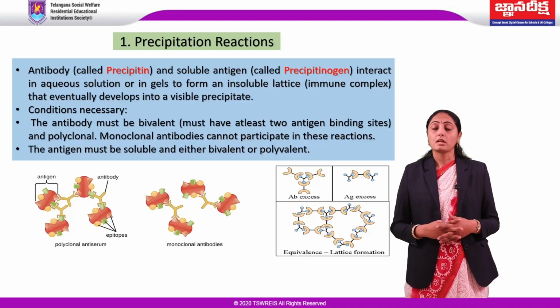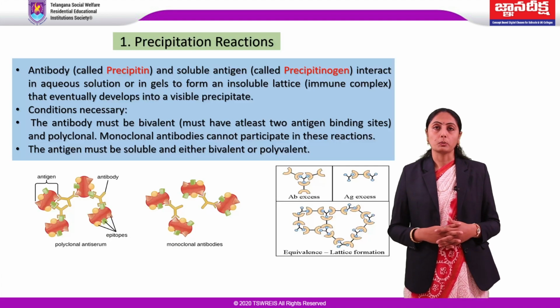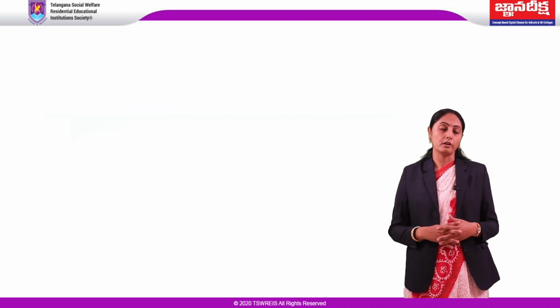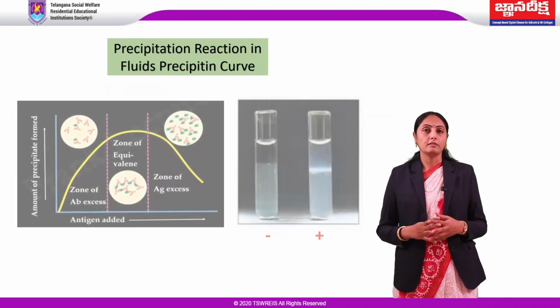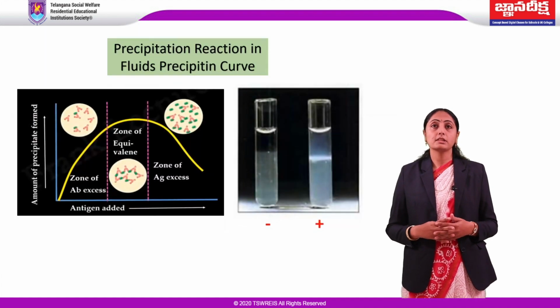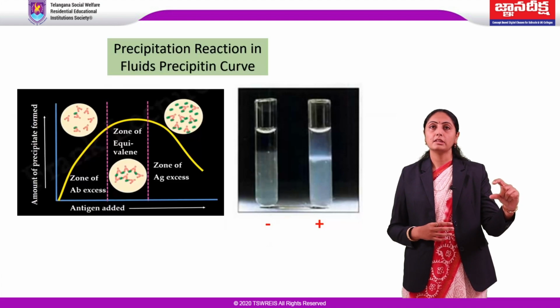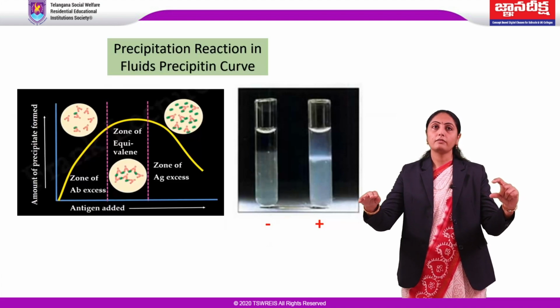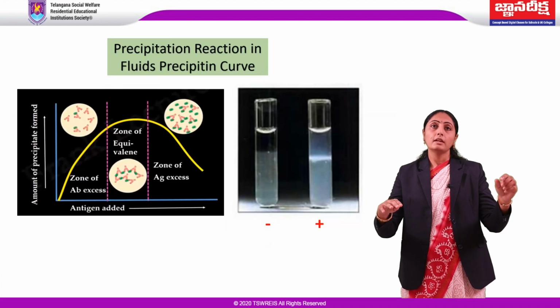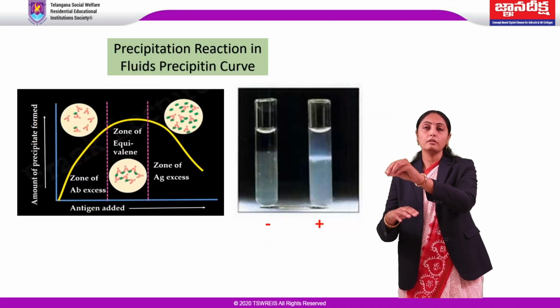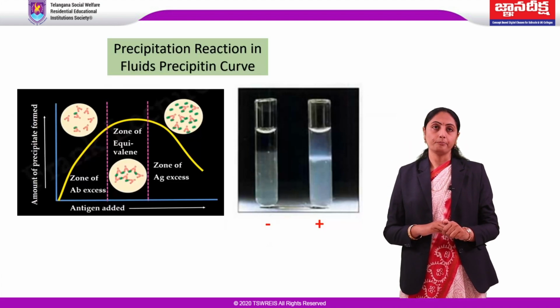Precipitation reactions are performed in vitro, in fluids or on gels. For observing precipitation reactions in fluids, a fixed volume of antibody solution is taken in a series of test tubes to which increasing concentration of antigen is added.